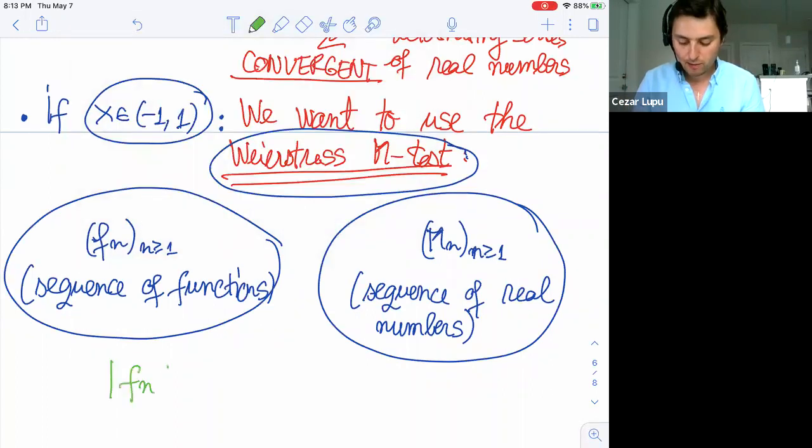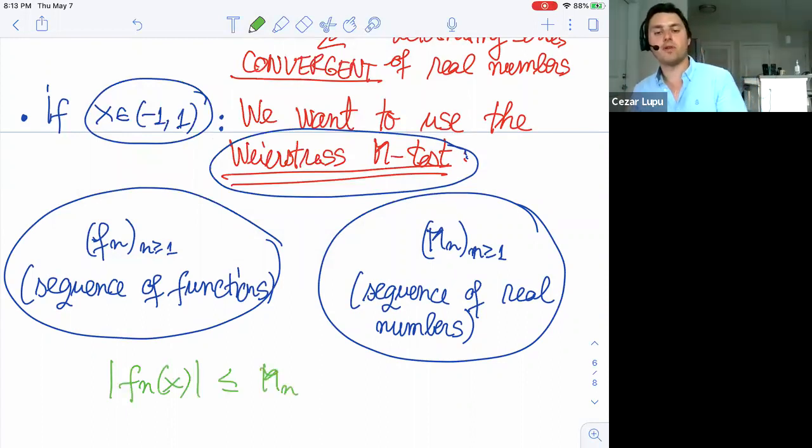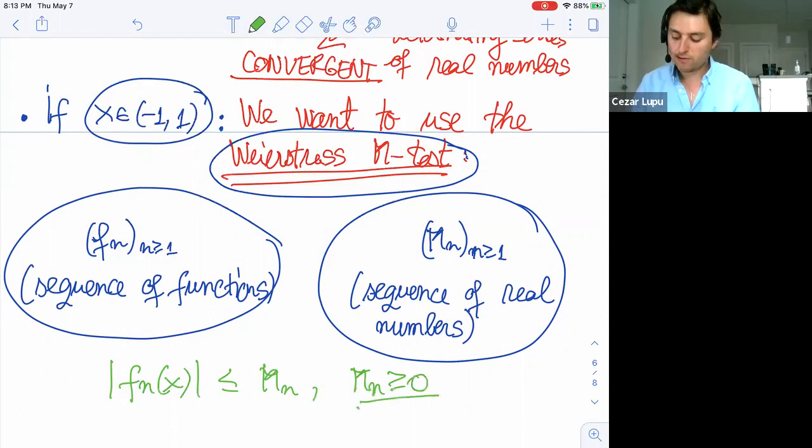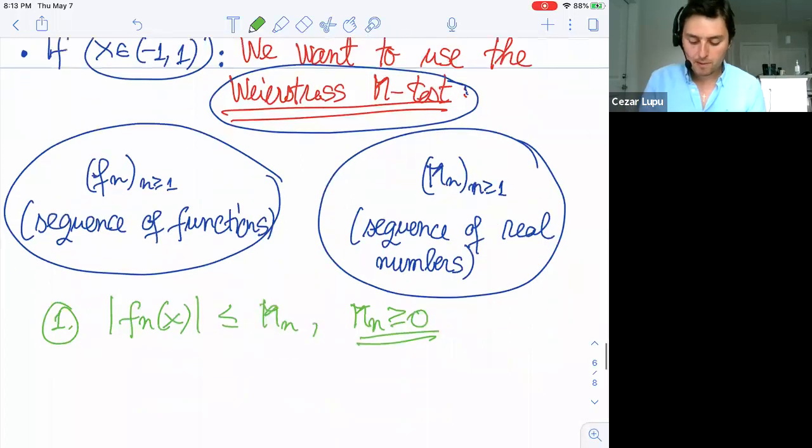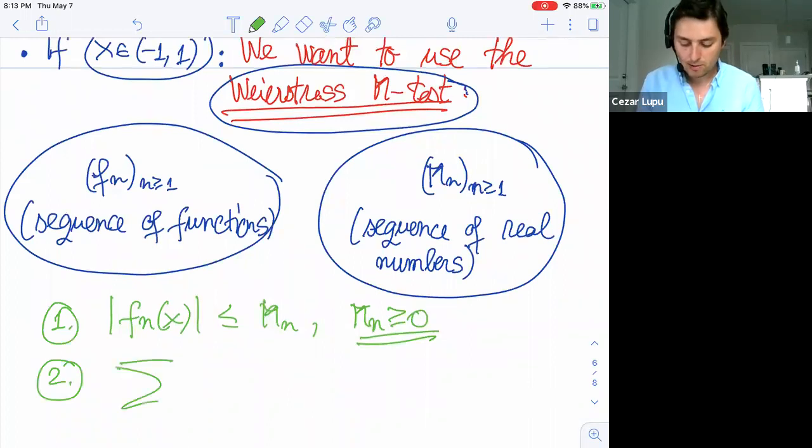absolute value of f_n of x is less than or equal to M_n. So the sequence of real numbers, and of course, there's one condition here that I don't want to miss, is of non-negative reals, right? So the sequence of real numbers dominates the sequence of functions in absolute value. That's the first condition. And the second one was that the series associated to the sequence of real numbers, it can start from 0, from 1, converges.